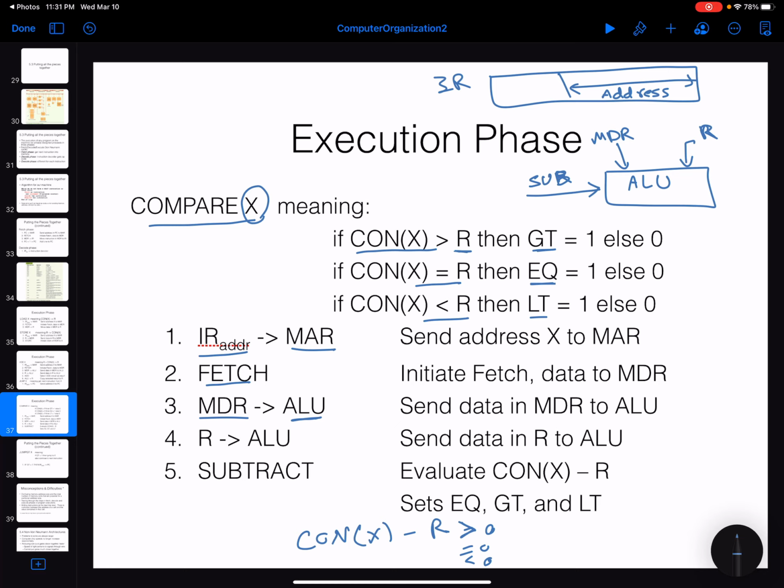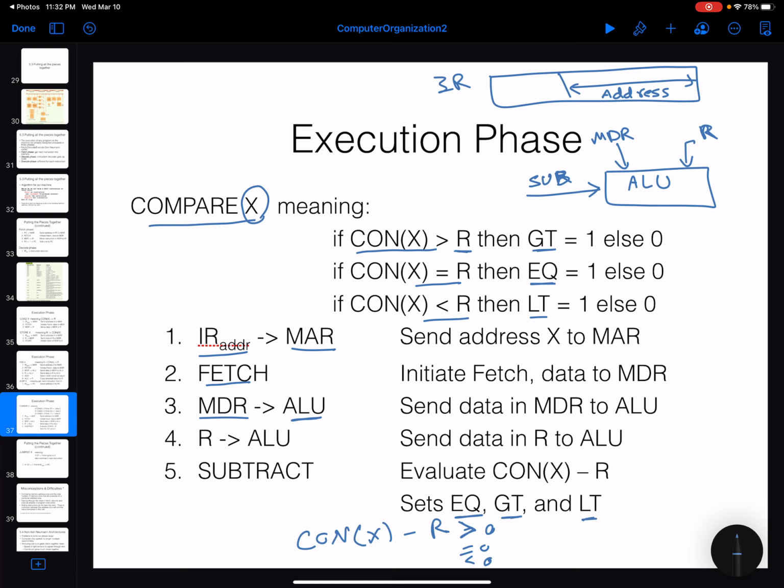So based on the sign of the result, whether it is a positive number, a negative number, or 0, the corresponding register, EQ, GT, or LT, will be activated.